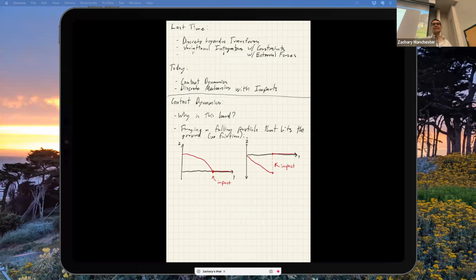If we assume idealized rigid body inelastic impacts, this is a jump discontinuity in the velocity, where it instantaneously, in infinitesimal time, goes from whatever to 0, right? That seems bad, and it might cause problems in a number of ways, right?